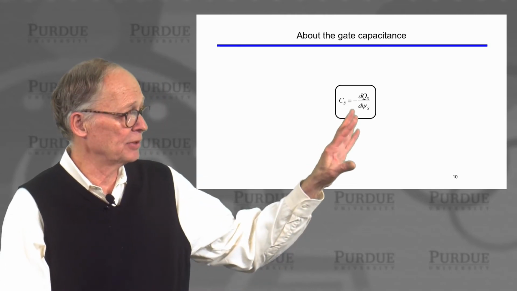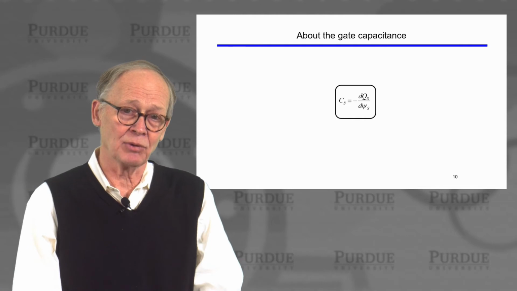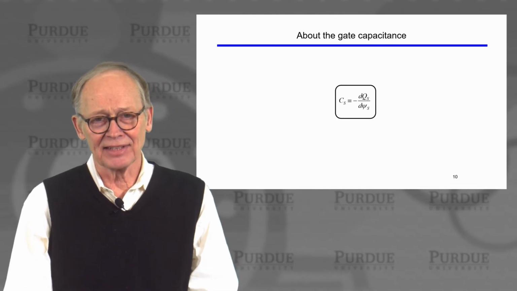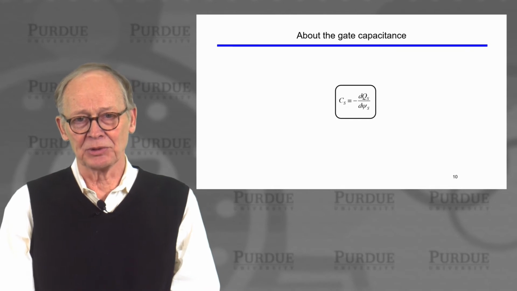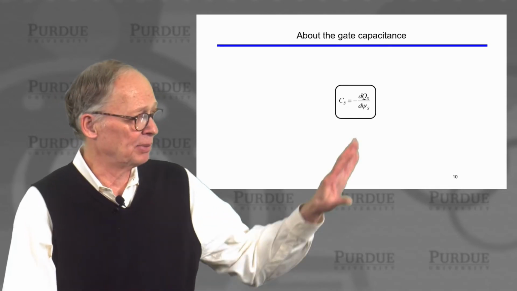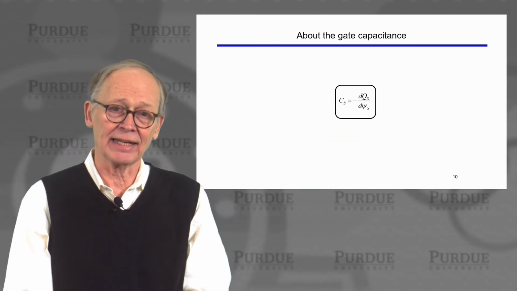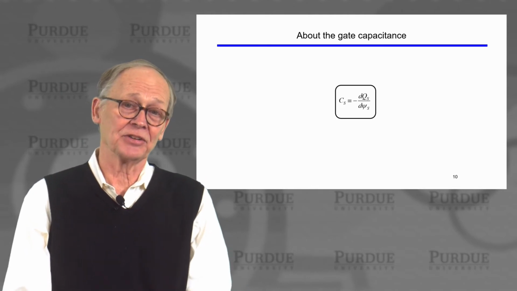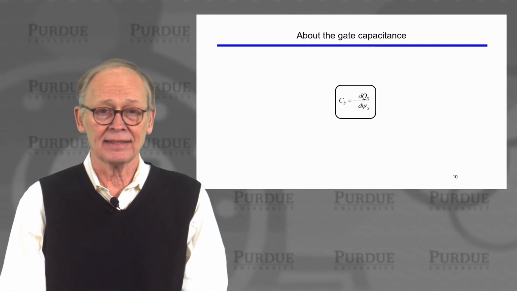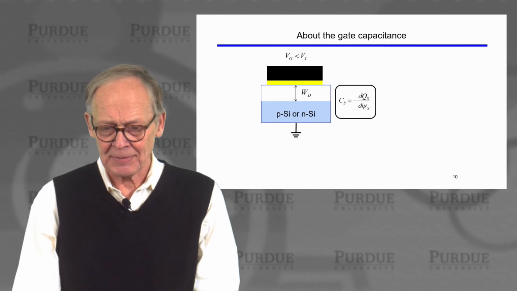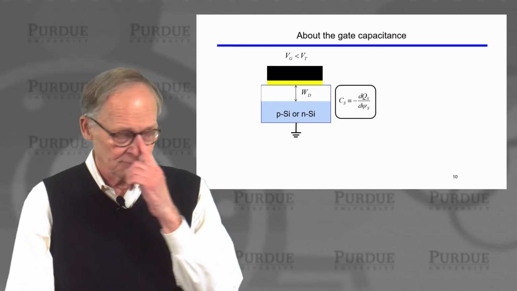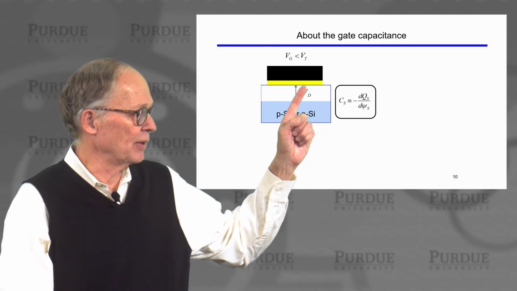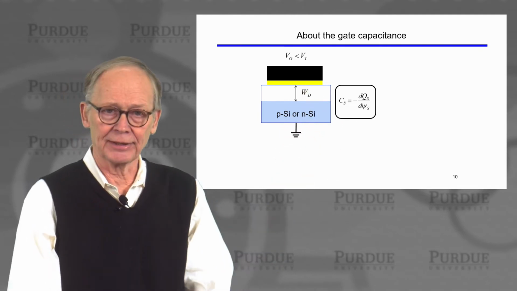So I have to remind you that capacitance is charge divided by voltage. When we have a nonlinear capacitance, it's the derivative of charge with respect to voltage. And to get a positive capacitance, we have a negative sign out front there because the charge in the semiconductor is negative under inversion conditions. So now let's look below threshold first. We have a metal gate, we have an insulator, we have a depletion layer.